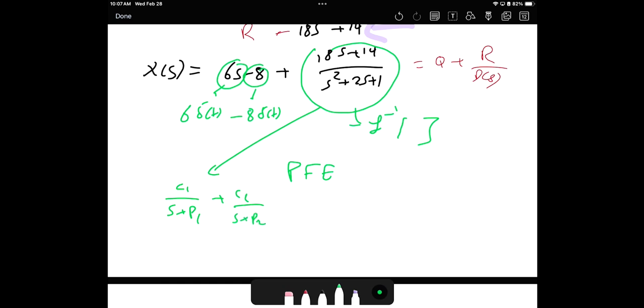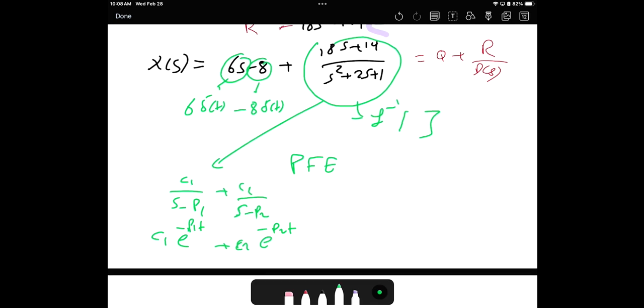Then after that, we can do Laplace inverse in an easy way, because this will be c1 e power negative p1t plus c2 e power negative p2t, something like that.